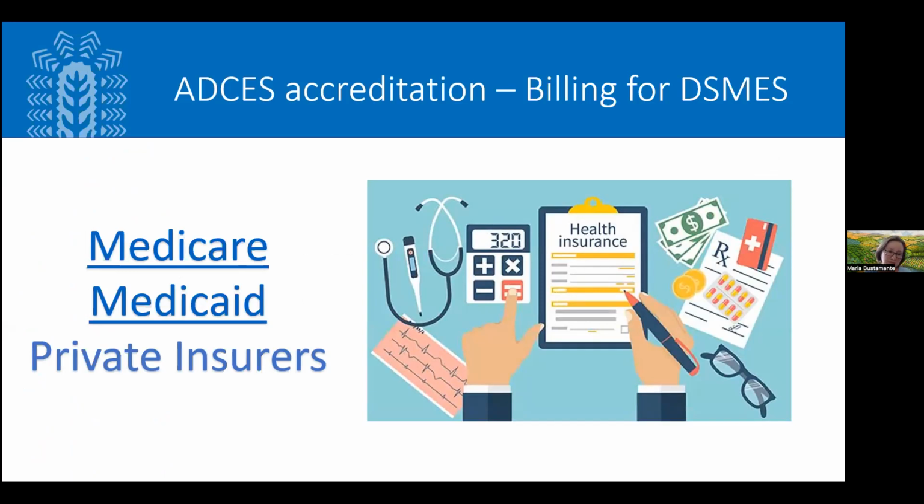You are allowed to bill for Medicare in some states. For Medicaid, you have to look at your own state and see whether or not you can bill for it, and private insurance also pays for the DSMES, again on a case-by-case basis, I imagine.